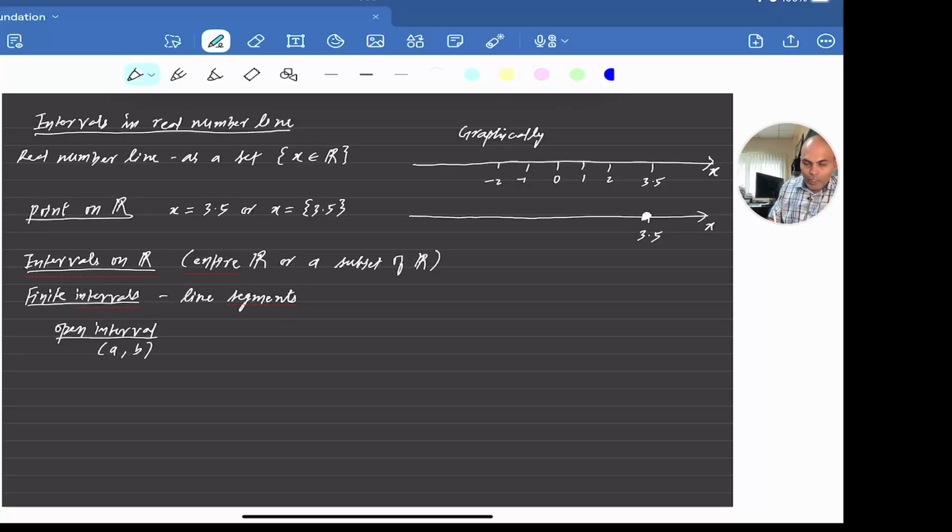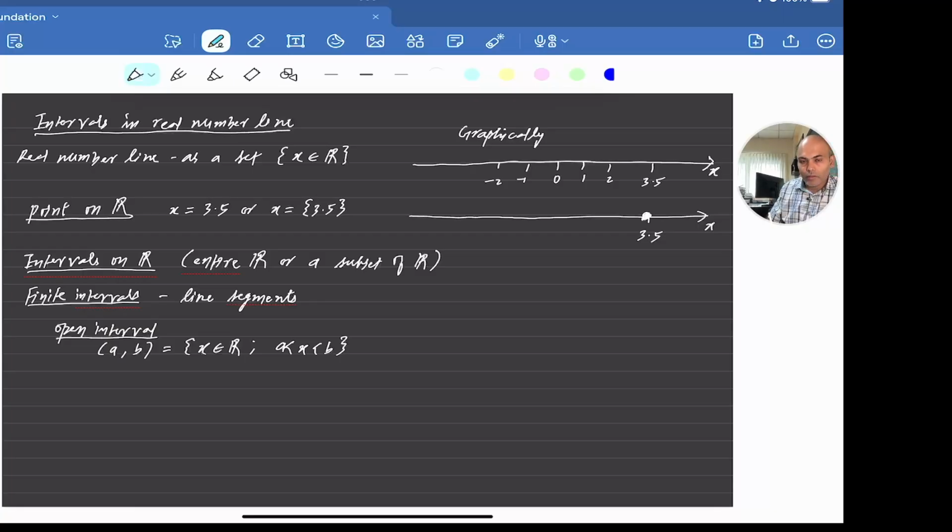So we write a comma b inside parenthesis, and as a set the open interval can be written as X belongs to R such that X is greater than A but less than B.